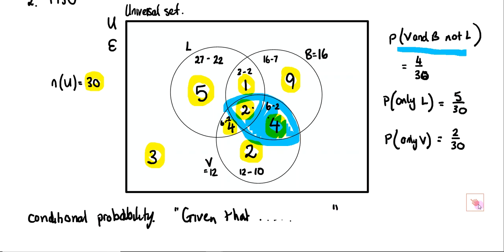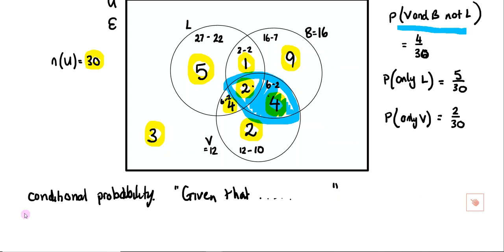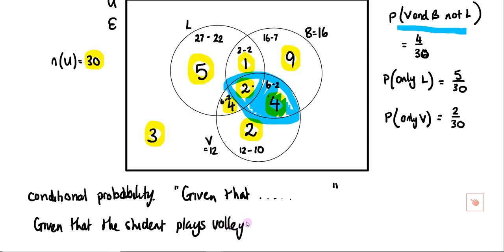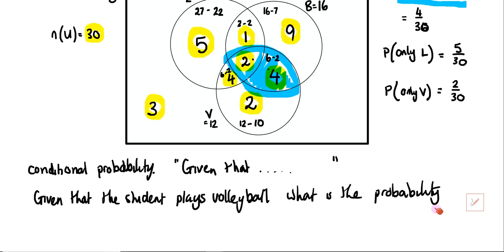Yeah. So if I said to you, given that the student plays volleyball, what is the probability they also play basketball?